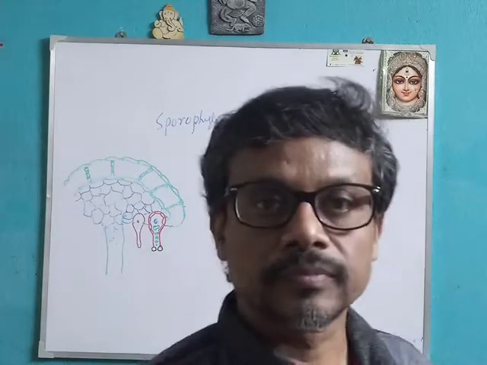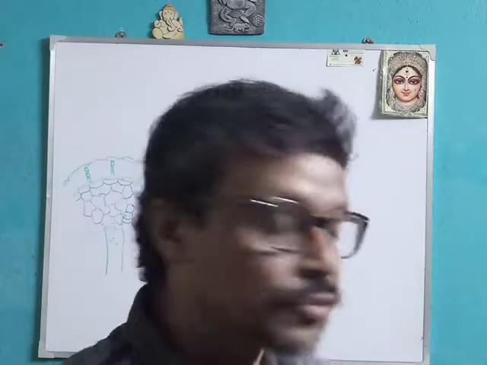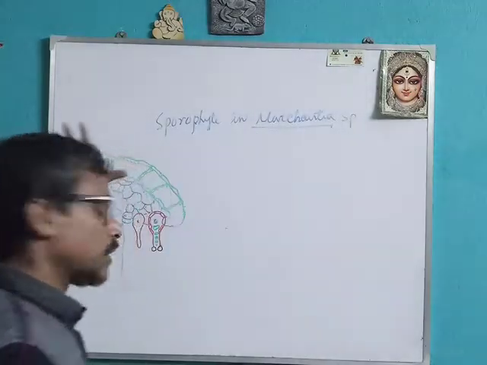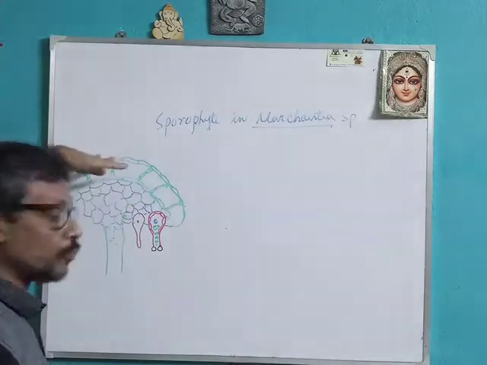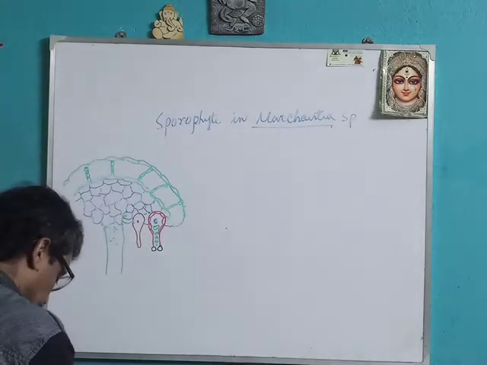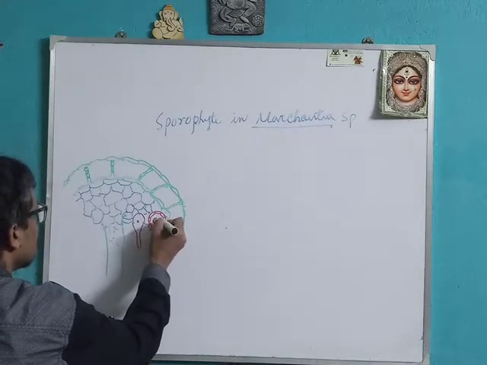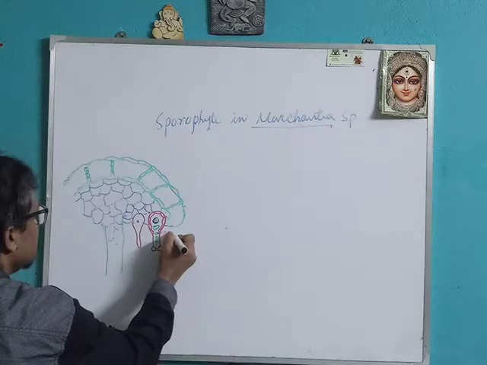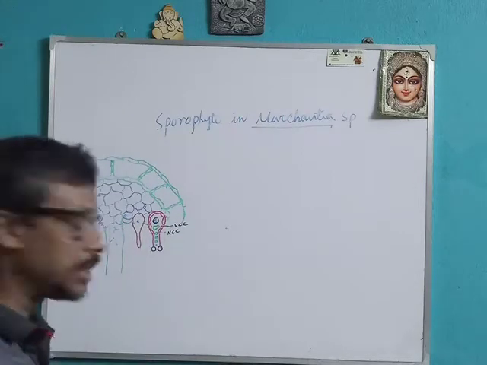Hi guys, as we have seen in the last class, after fertilization, this is the archegoniophore, and this is the zygote. These are the NCC, neck canal cell, and this is the VCC, ventral canal cell.